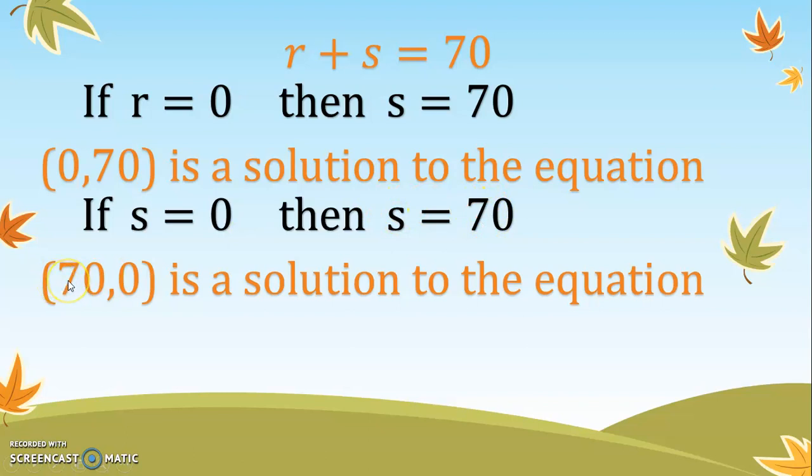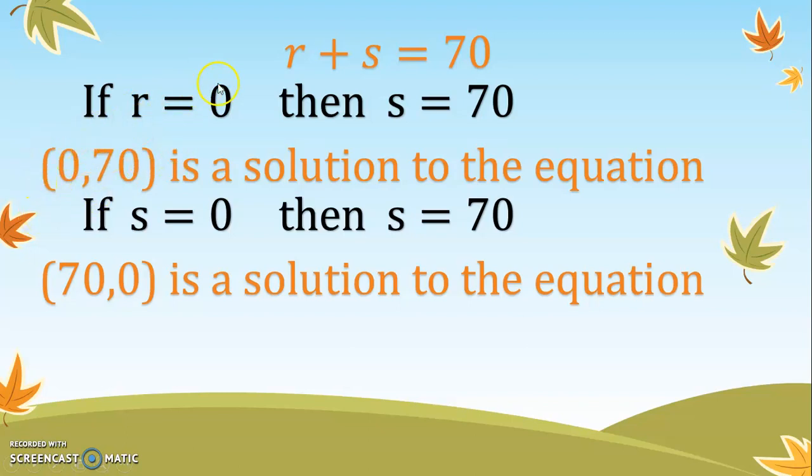So the first number being 70 and the second number being 0 is also a solution to the equation, because when you add them you get 70. So an easy way of solving a linear equation in two variables is, first give the value 0 to the first variable and find out what value the second variable takes. Here r is 0 and s takes the value 70. So we get one solution.